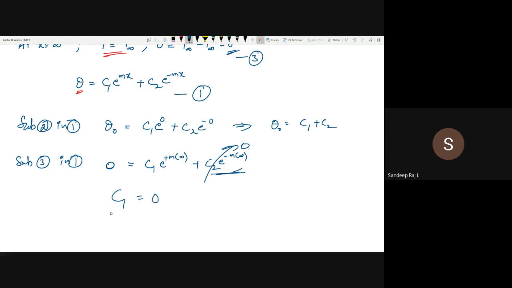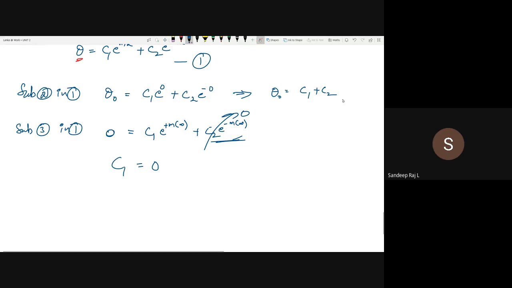So from these two, what I can write is C2 will be equal to theta naught. So C1 is 0 and C2 is theta naught. Let me call this 4 and this 5.